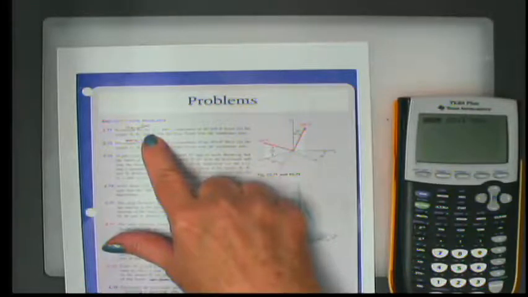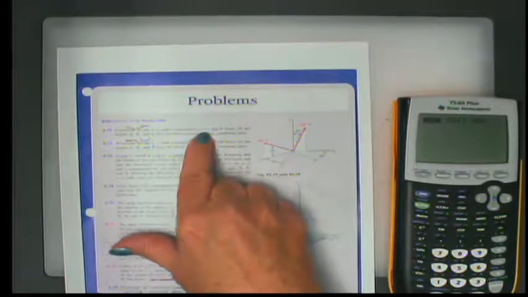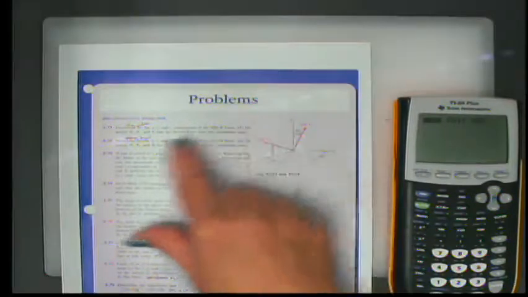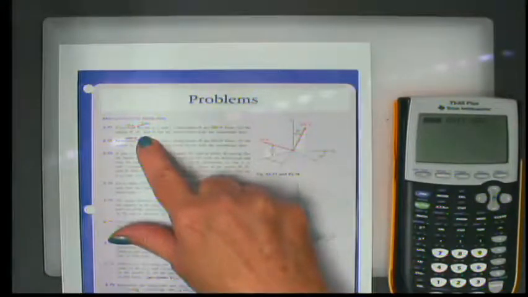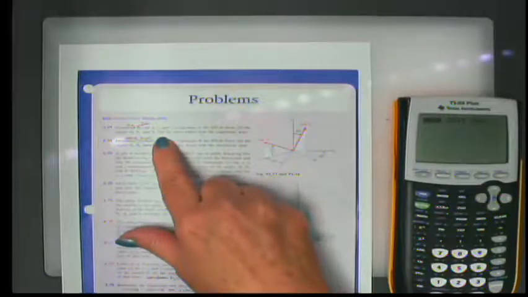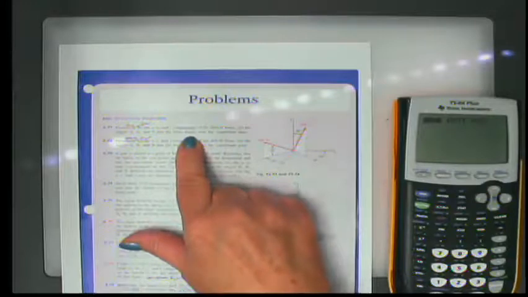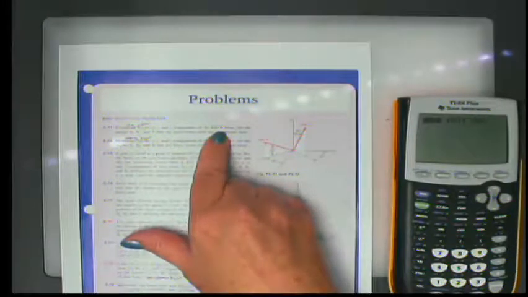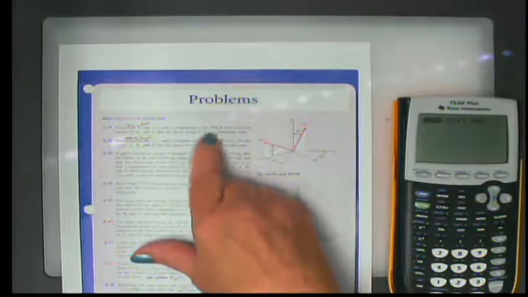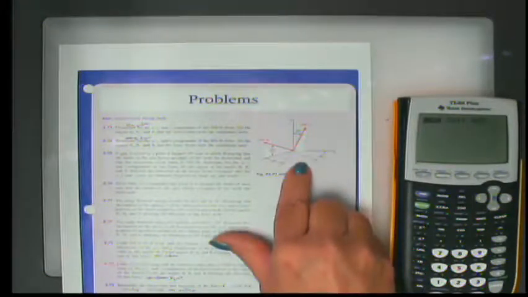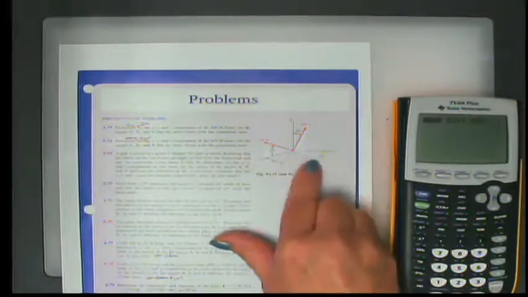2.71 asks me to determine the x, y, and z components of the 600 Newton force, and then to determine the angles theta x, theta y, and theta z that the force forms with the coordinate axes. Now, as you notice, when I talked last time, we were talking about theta being with axes and phi being with a plane.